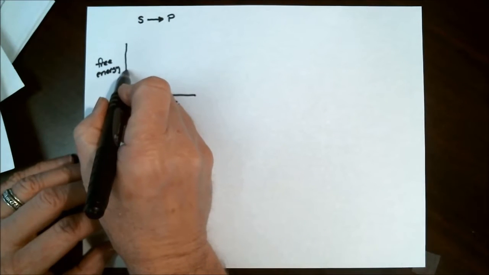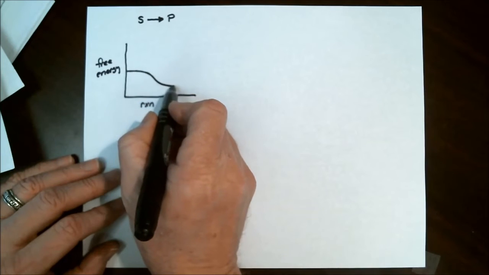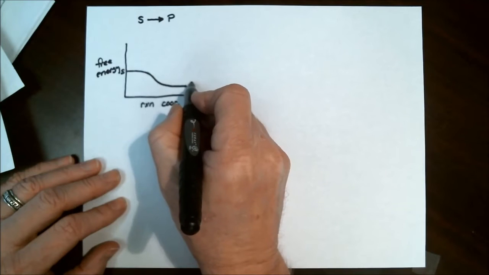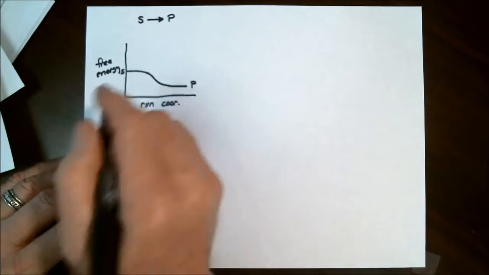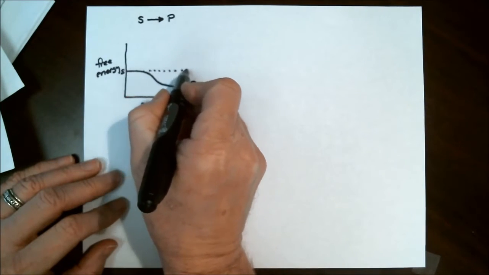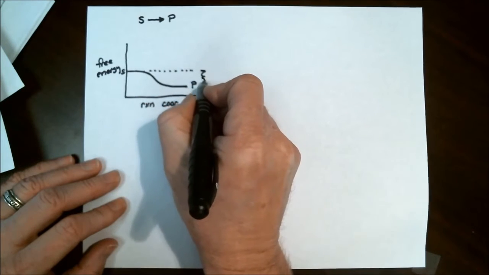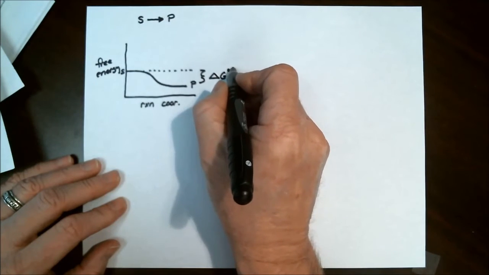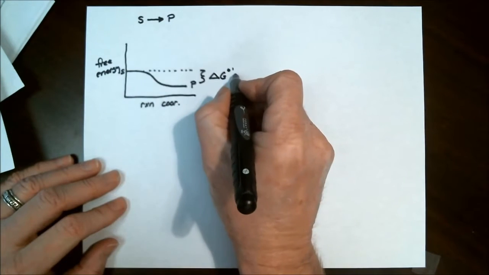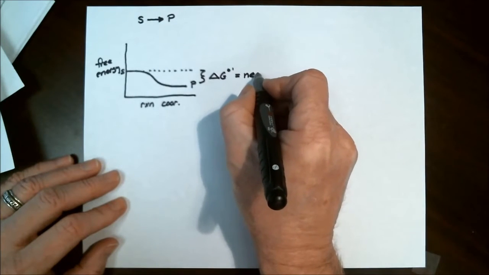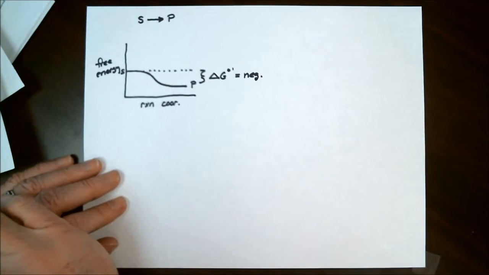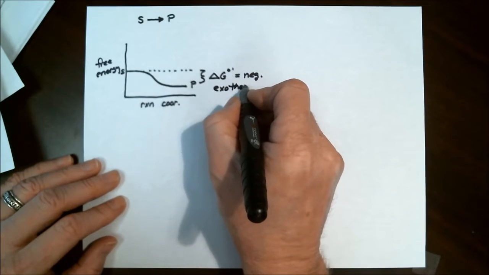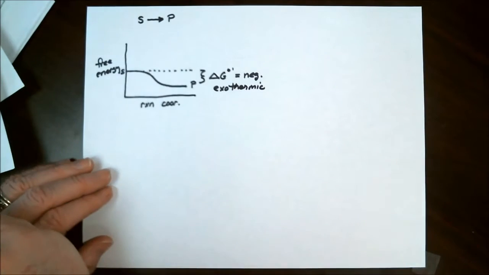And we talked about a spontaneous reaction where the free energy of the substrate is greater than the free energy of the product. If we calculate the free energy change of this reaction, which is delta G 0 prime, we're going to see that this is going to equal a negative delta G, which means that this reaction is exothermic. So this reaction will proceed forward.